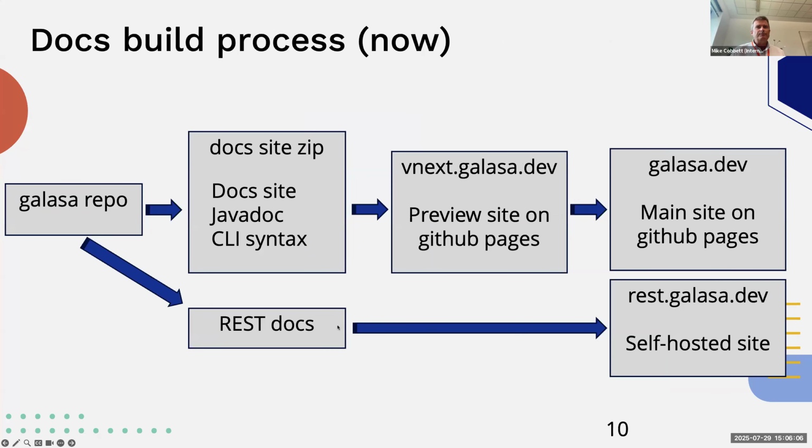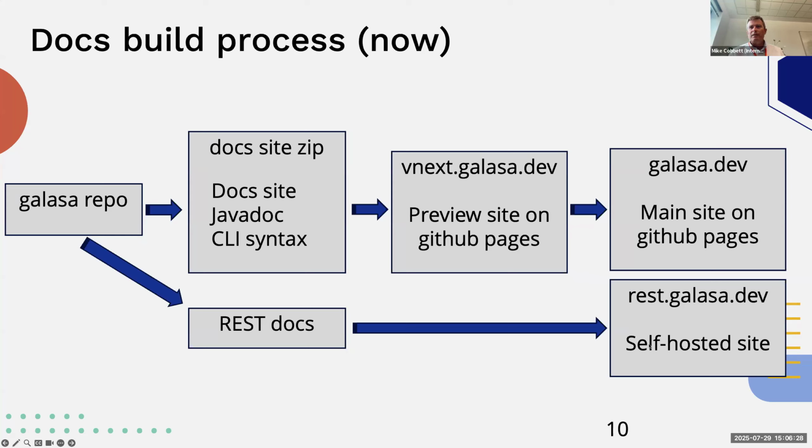So the build process now, we've not completed this work, but we've got the docs, the Java doc, and the CLI syntax all being built off one pipeline now into one preview site, and that gets published on GitHub Pages now. That's doing the hosting and the lifting for us on that.